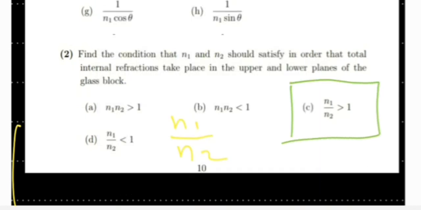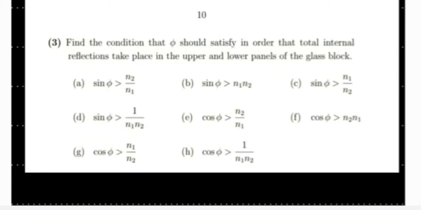So now let's go to 5.3. He's asking you the condition that this angle must satisfy in order that the total internal reflection takes place in the upper and lower panels of the glass block.